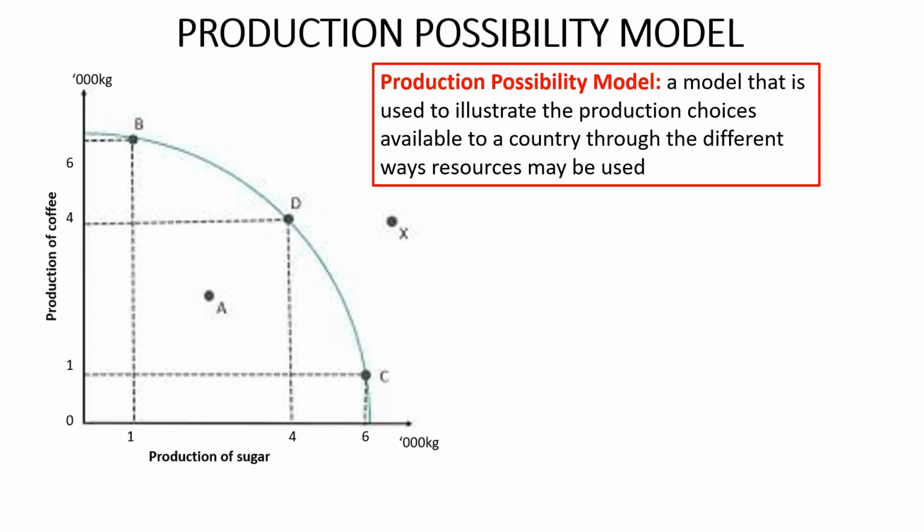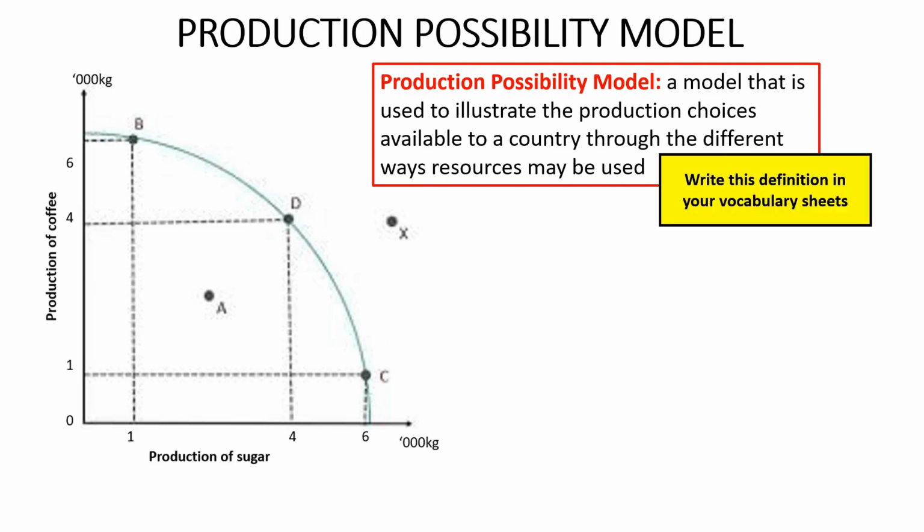The production possibility model is a model that is used to illustrate the production choices available to a country through the different ways resources may be used. Look down the left-hand side of your vocabulary sheets, find the term production possibility model and write this definition in there.